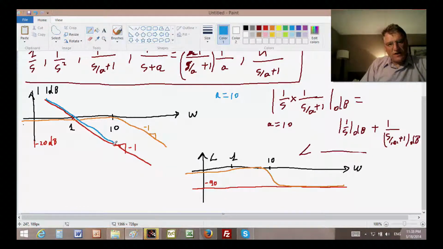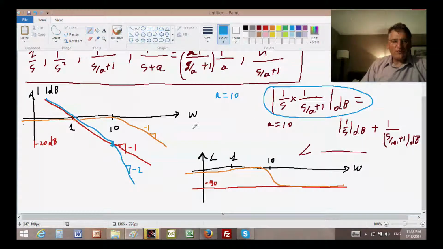When you add these two lines, that has the same effect as drawing a line of slope -2 instead, which starts at the same point as when this one was going down, but then eventually breaks away with a slope of -2 instead of -1. So that is the frequency response of this transfer function. At least approximate. Then we can of course do the little smoothing as we have talked about before.